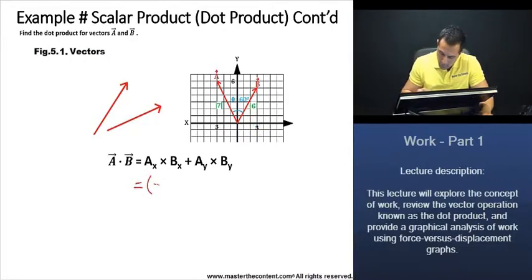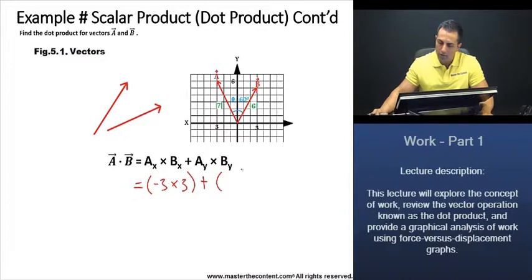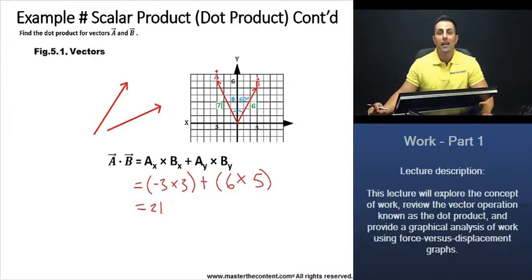Thus, this is just going to be -3 times 3 plus the y component of vector A, which is 6, times the y component of vector B, which is just going to be 5. Thus, when we multiply and take the sum of the following, we find that the dot product is going to be 21. Wonderful. Now let's see what the dot product would be using the subsequent method that we had highlighted.